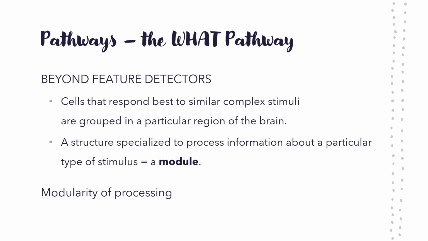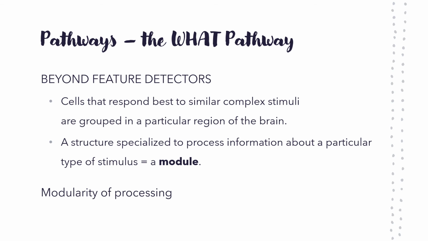I'm going to walk through some of these modules that have been discovered, but at this point, there are lots of different complex stimuli where we have discovered exactly where we are processing them, like tools and animals, and it's really kind of neat. It leads to this way of talking about neural firing and brain representation as a modularity of processing, because we do have these modules in the brain.